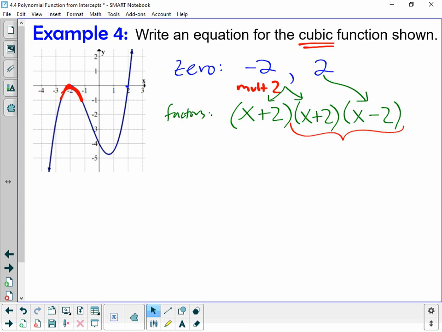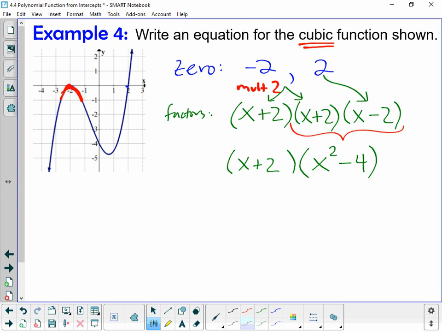Now you could have done it the other way. It's just that I happened to notice that x plus 2 times x minus 2 is a sum and difference of factors, and that's going to be an x squared minus 4. So that's a really easy one to multiply, so I thought that we could multiply that one first.